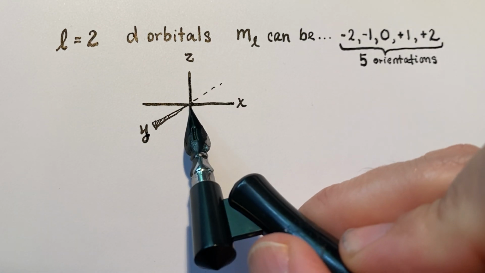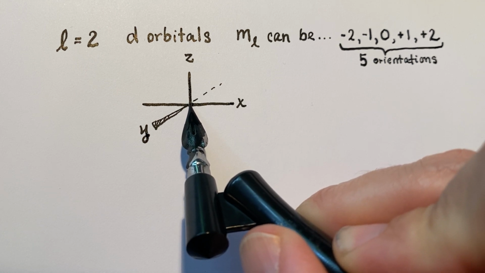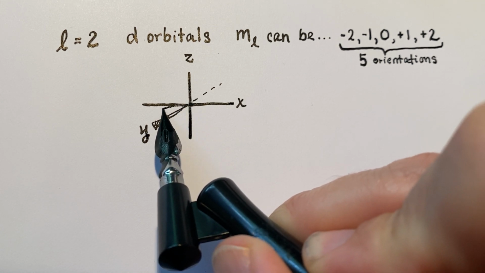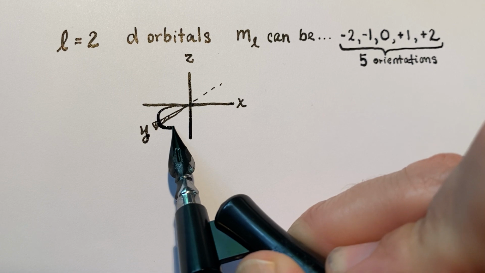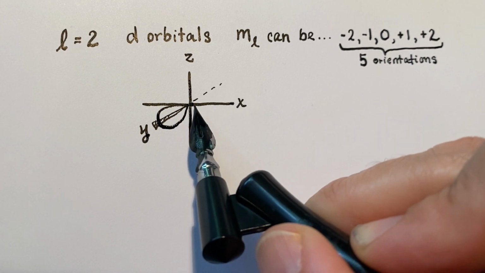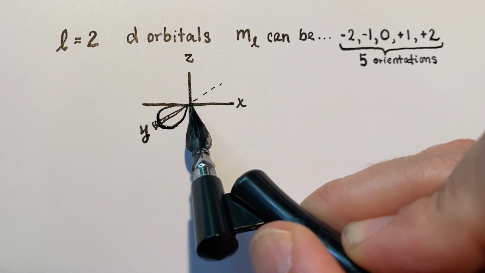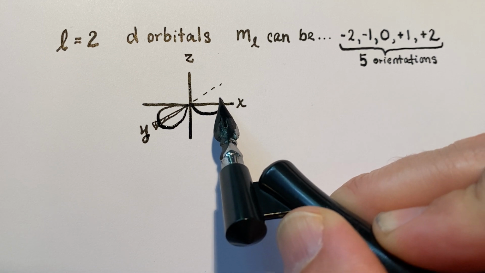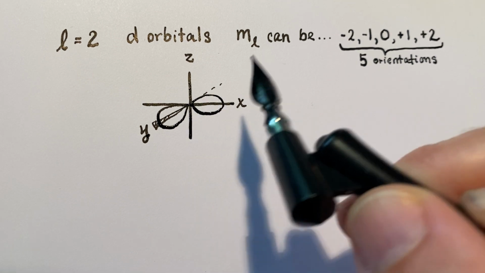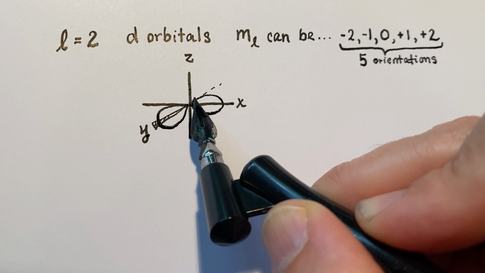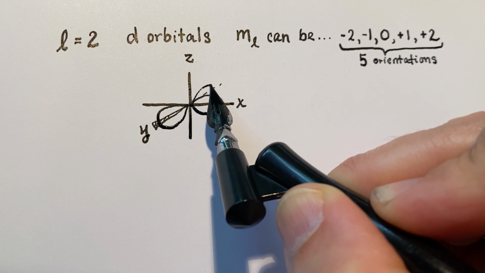We can see it for this particular orbital, where each lobe, kind of like what we saw with the p orbitals, each lobe lies along the z-axis. These two are kind of behind.